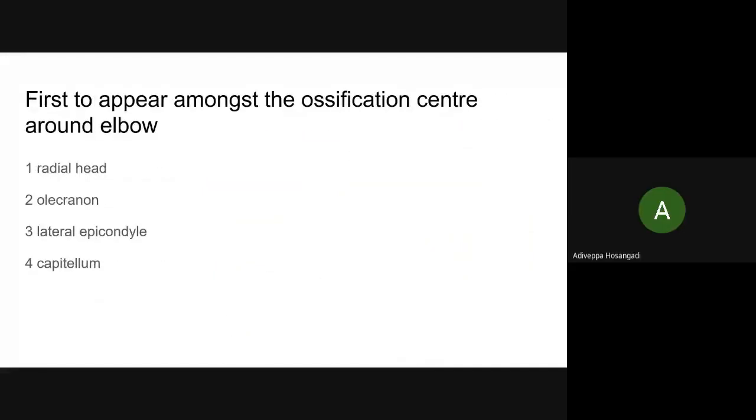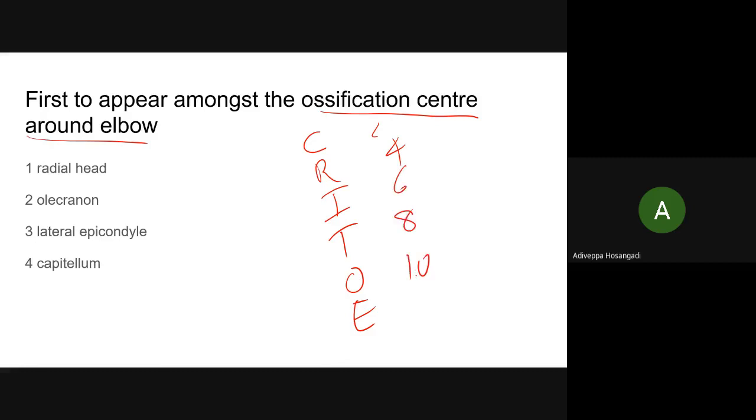So we'll go to the elbow. Ossification centers around the elbow. Any mnemonic? Anybody remembers? CRITOE. Capitulum, radial head... So 2, 4, 6, 8, 10, 12.